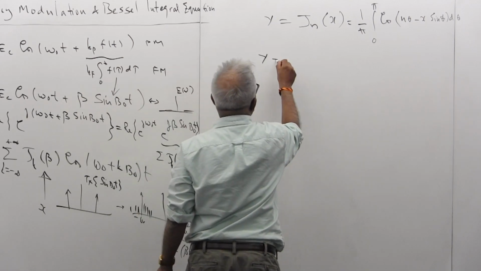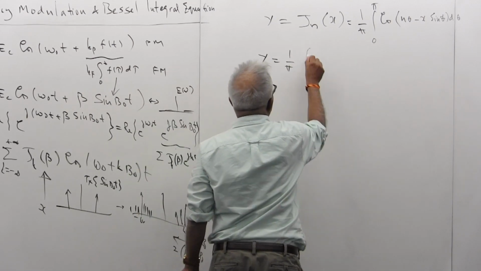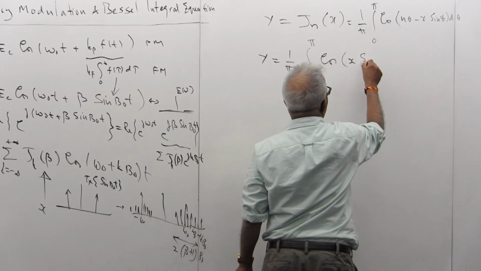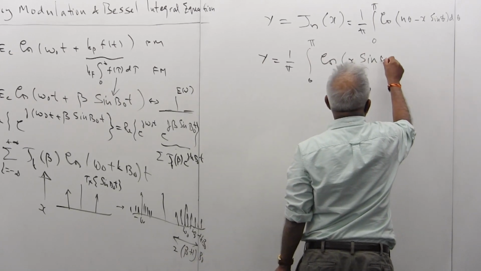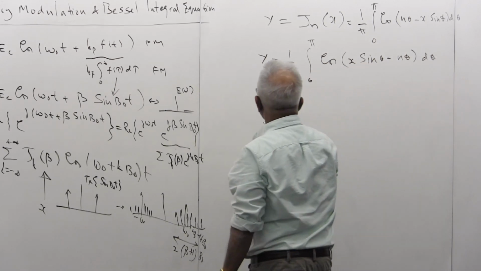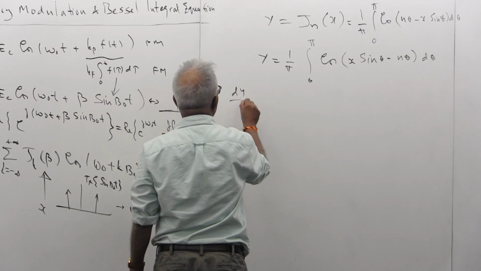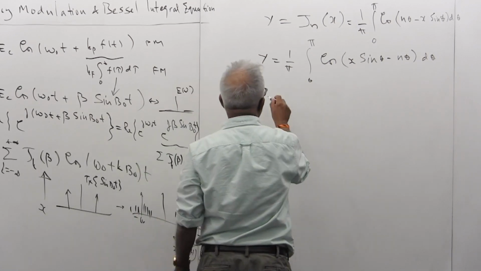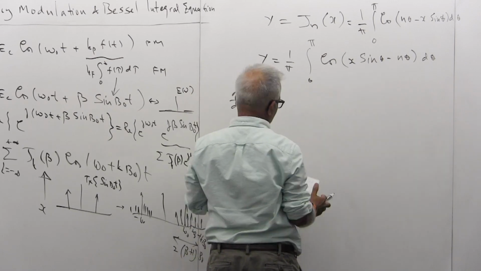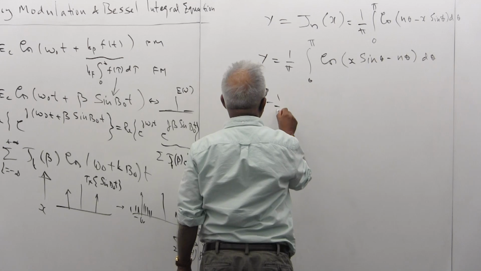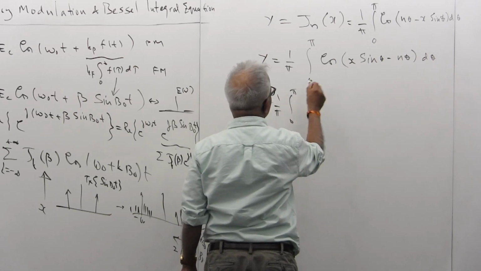So y, of course, we can write it as... so let me do dy by dx. So that's going to be here. Derivative of cos is minus, so that's minus 1 over pi, 0 to pi.